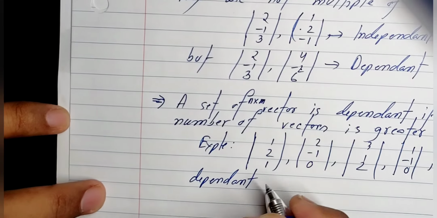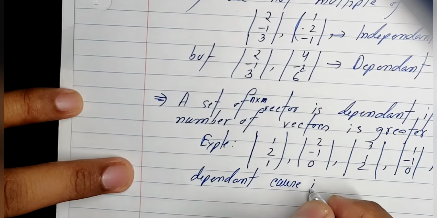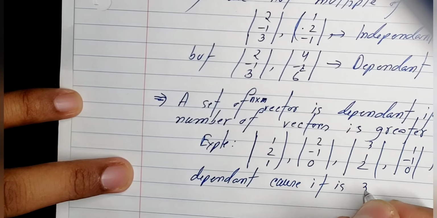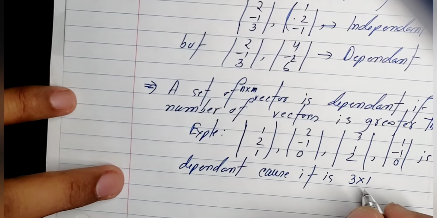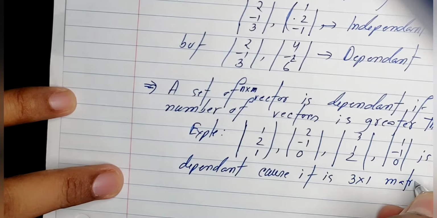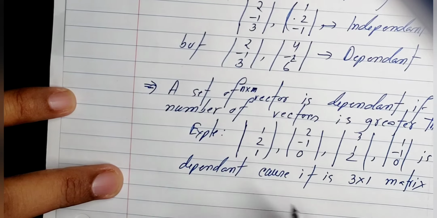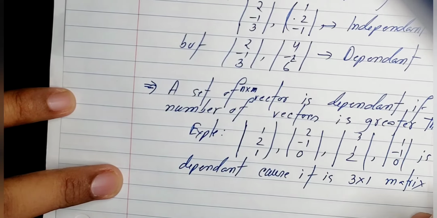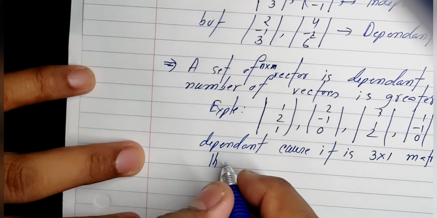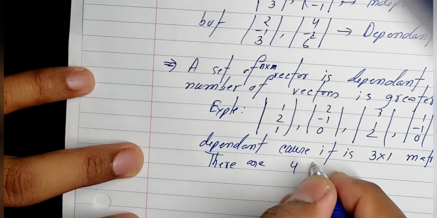Why? Because each is a 3-by-1 vector, a 3-by-1 matrix. It has 3 rows and 1 column, each of them. But there are 4 vectors.